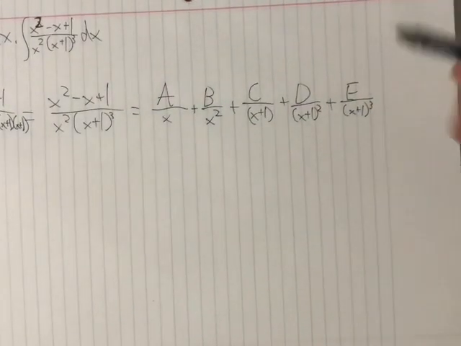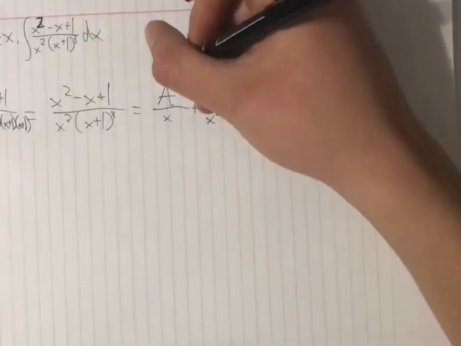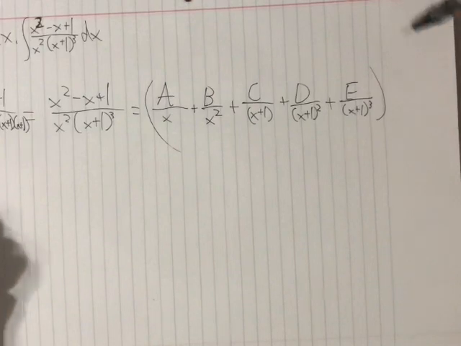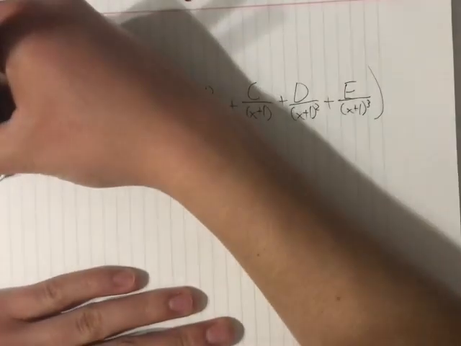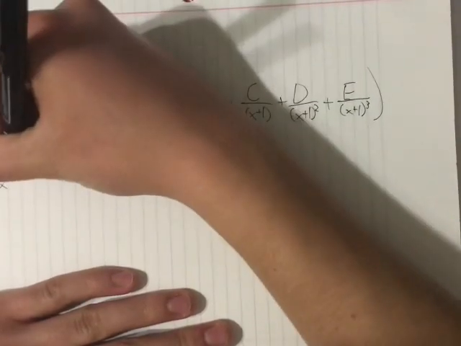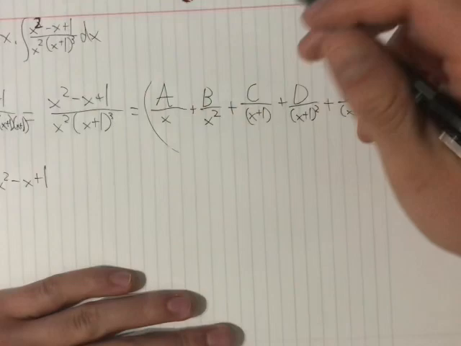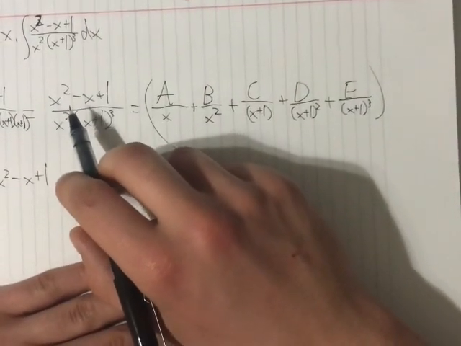So now what we're going to do is do the same thing. We're just going to multiply our denominator over here by this side of the equation, and I apologize, this is going to get a bit messy. So what we're going to have here is x squared minus x plus 1. Now, I forgot to note this, but the numerator, in most instances, we can just leave as is.